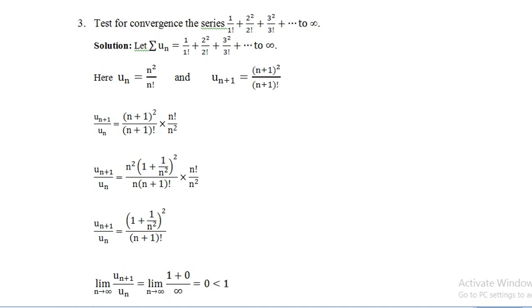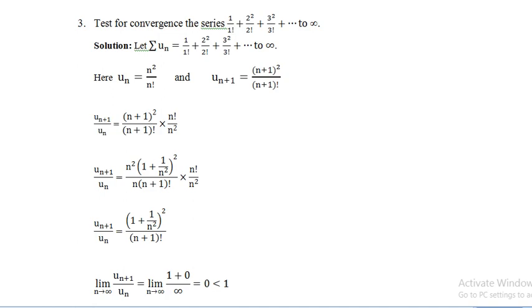Now we take n as common in the numerator. Its power is 2, so we take n as common, and the term inside the brackets is 1 plus 1 divided by n. Actually it is not n square, it becomes n.